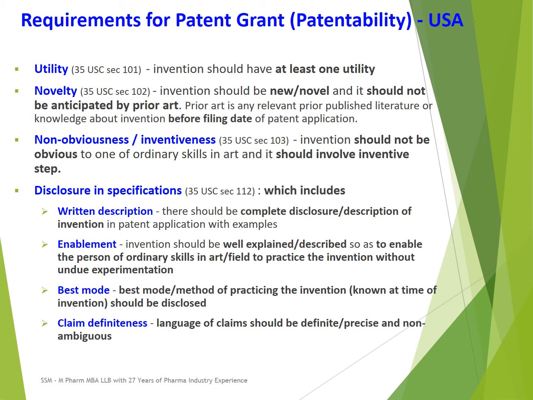You can also challenge a patent on basis of description ground. If you find that written description is not complete, not given with the examples, it is not enabling a person of ordinary skill to practice the invention, if the best mode is not disclosed, or if the claims are not precise and clear, you can challenge the patent on that ground also.